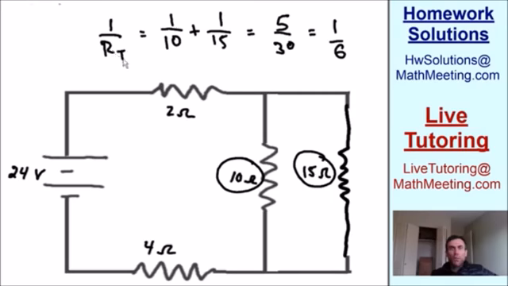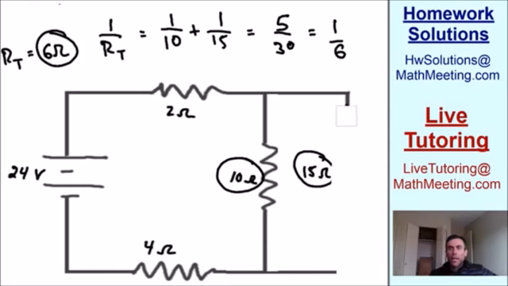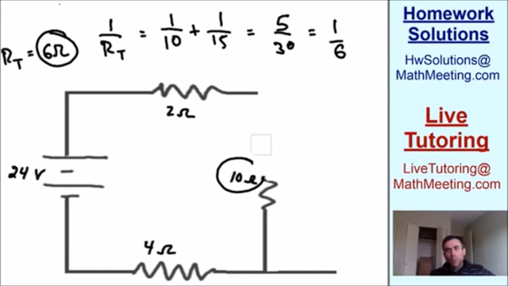So 1 over the total resistance is equal to 1 over 6, which means the total resistance is equal to 6 ohms. So I can erase both of these resistors on the right-hand side of our circuit and replace them with one equivalent resistor of 6 ohms.